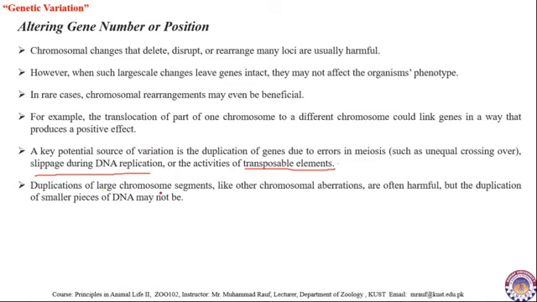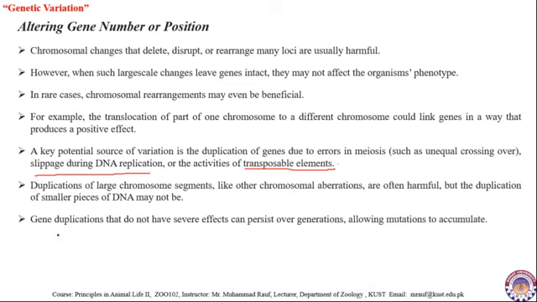Duplication of large chromosome segments, like other chromosome aberrations, is often harmful, but the duplication of smaller pieces of DNA may not be. Gene duplications that do not have severe effects can persist over generations. Remember, gene duplications are a source of new alleles.